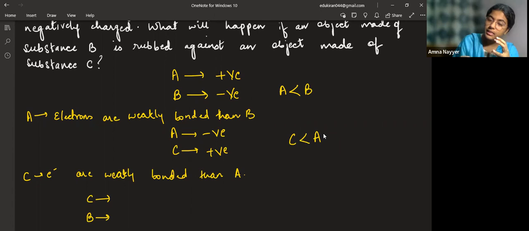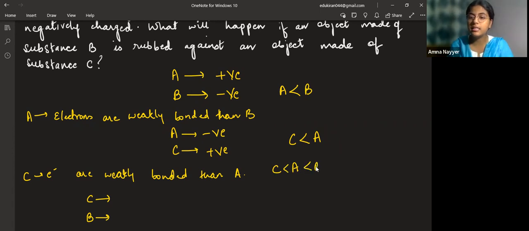So what is the order? C is lesser than A, which itself is lesser than B, the affinity or the strength. So the force of attraction is stronger in B and weaker in C. Electrons are held tightly in B and they are held loosely in C.